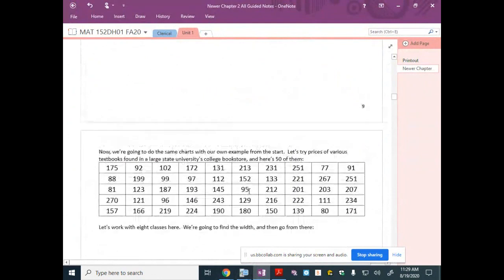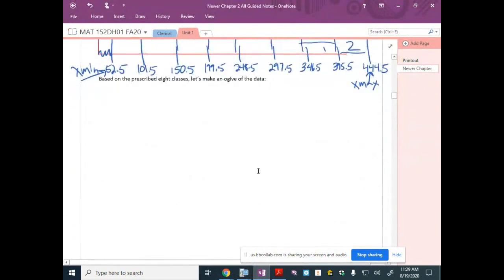All right, we're going to make an ogive of this data here using the same boundaries.